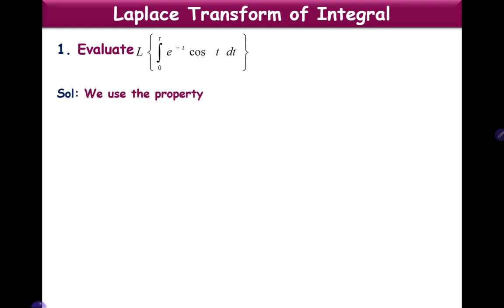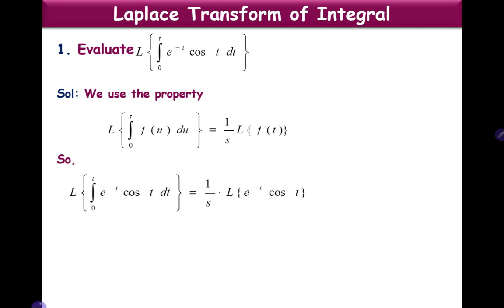So let us apply this property which we have proved now. The Laplace transform of integral 0 to t f of u du is the Laplace transform of f of t by s. So here the Laplace transform of integral 0 to t e power minus t cos t dt is equal to 1 by s times the Laplace transform of f of t. What is f of t here? e power minus t cos t.